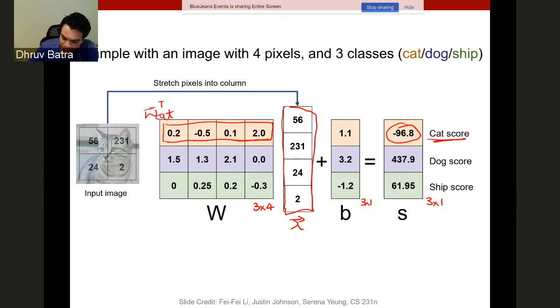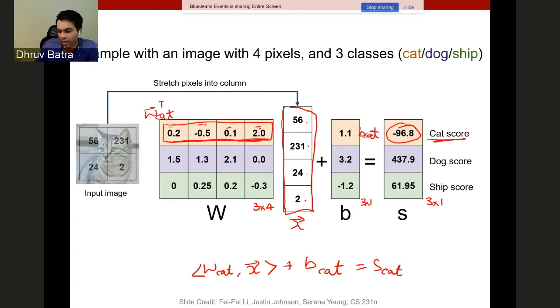These are the weights corresponding to the cat class for each of the 4 dimensions, because there are 4 pixels, and I take a dot product of W cat with X, plus B sub cat, the bias for the cat category, and that gives me the score for the cat category. I can repeat that for any of the other classes. So the rows of W correspond to classifiers for each of these categories.